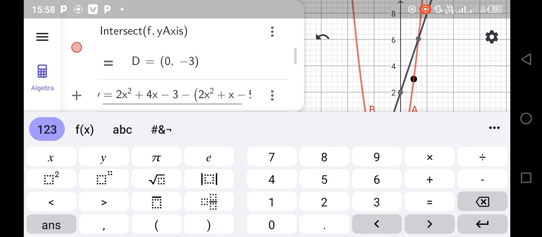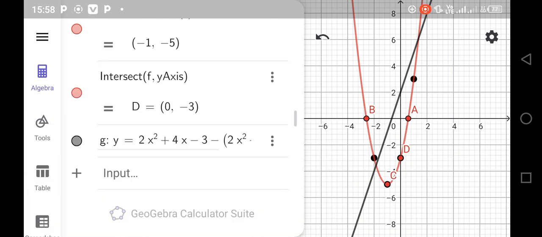Let us close the bracket. That is the function of the second expression, and we take the first function minus the second function so that we can draw another straight line.